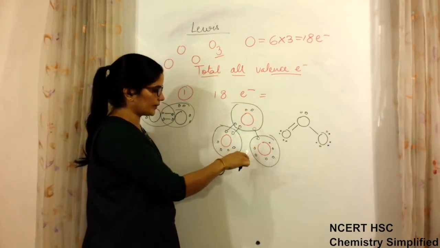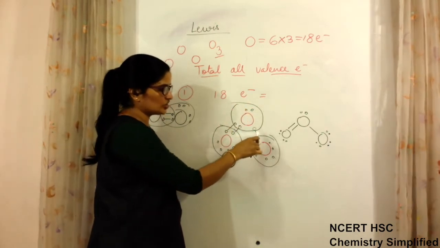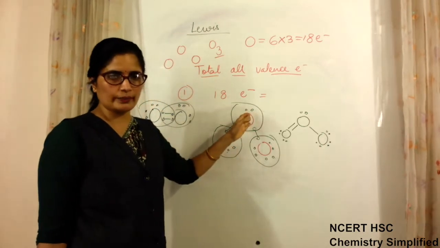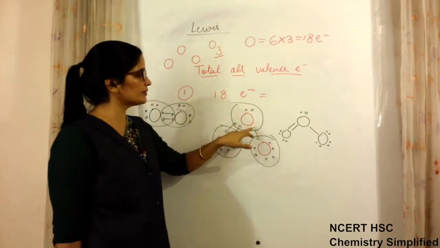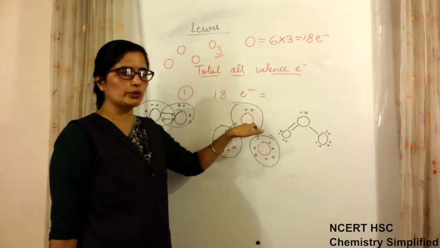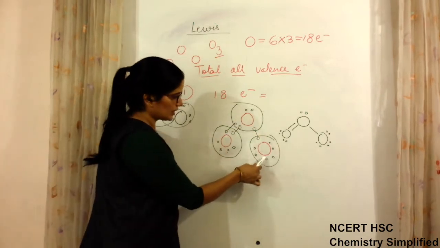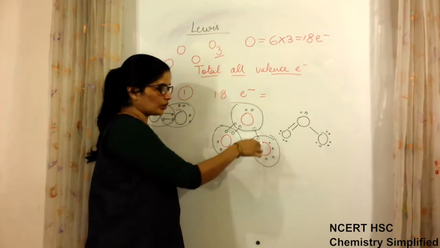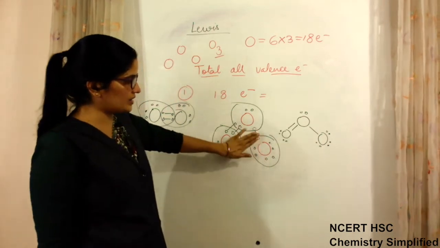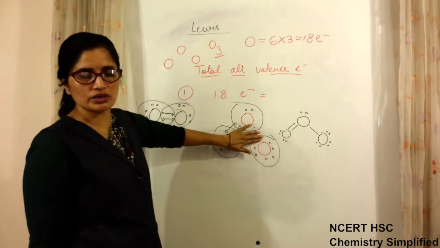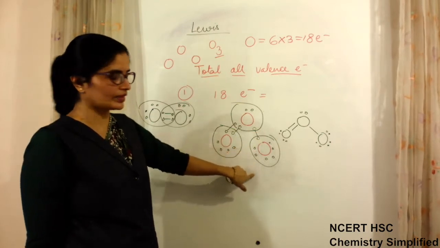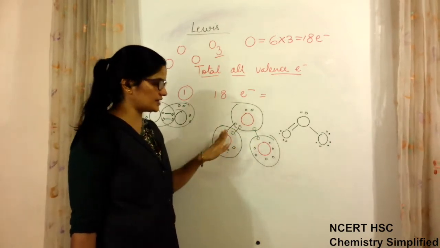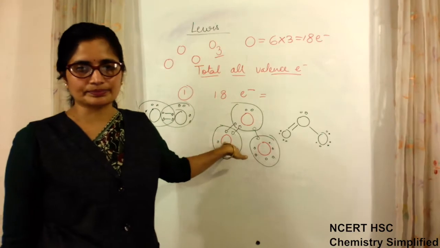The rest it is sharing. Though out of those which it is sharing, one of them will be its own. But here in the presentation, 1, 2, 3, 4, 5 are only visible. In this case, 1, 2, 3, 4, 5, 6 and 7. It is showing 7 on it, though only 6 belong to one oxygen, but it is showing 7. Here 1, 2, 3, 4, 5, 6, this is showing the exact number.